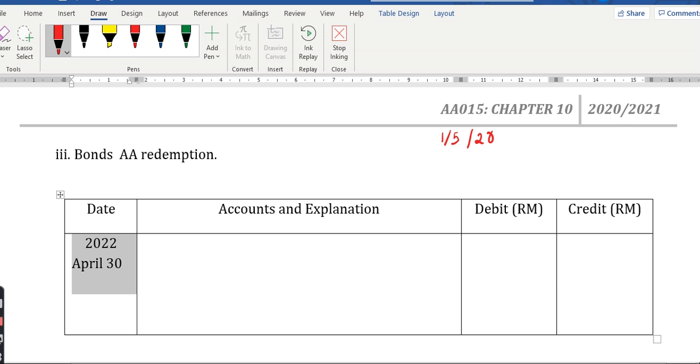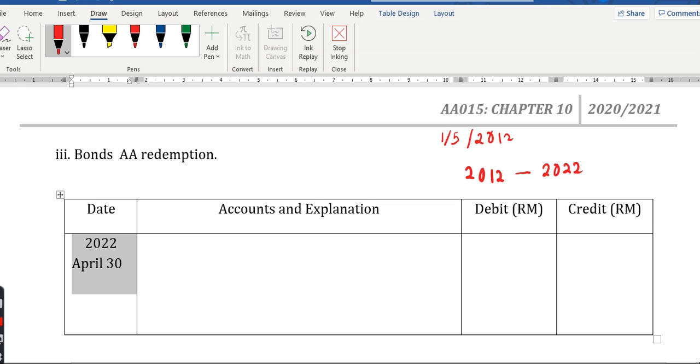So 2012 to 2013 is 1 year, 13 to 14 is 2 years, and so on: 13, 14, 15, 16, 17, 18, 19, 20, 21, and 22. So that means your redemption year is the year 2022.